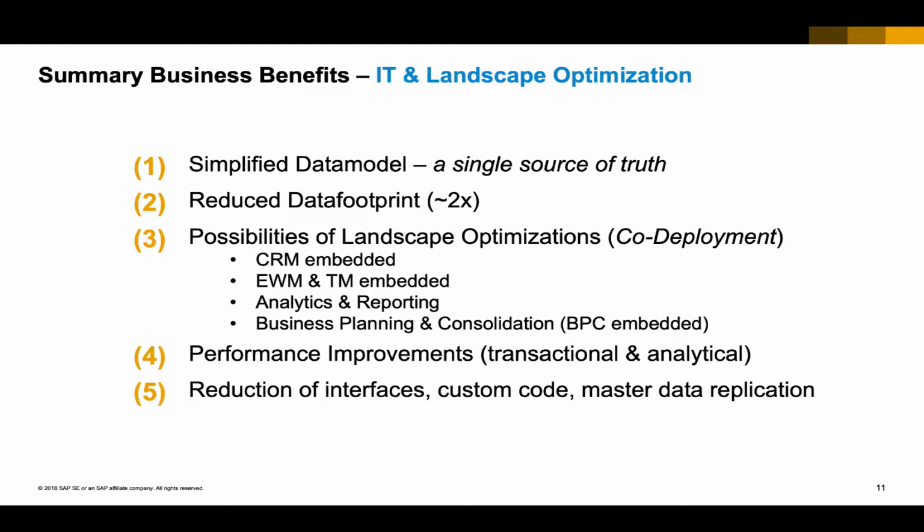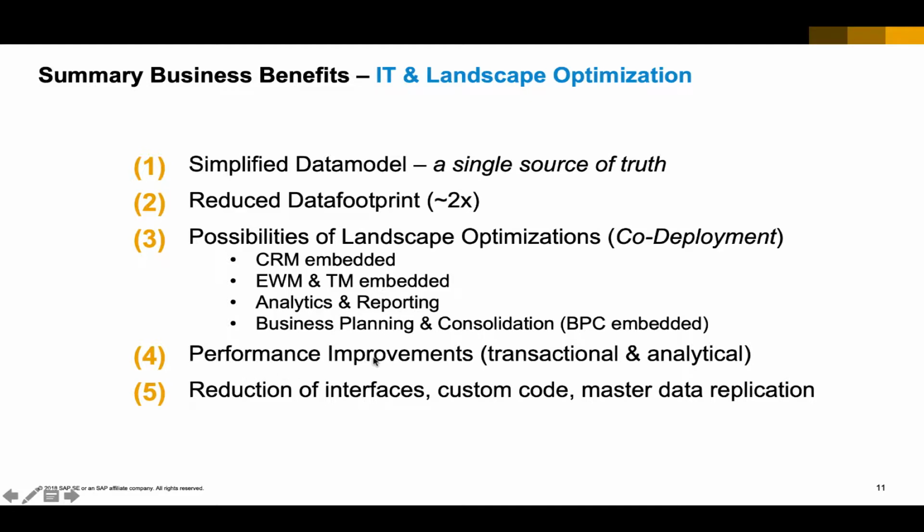SAP S/4HANA also provides you the possibilities of landscape optimization due to co-deployment. So CRM, for example, which was its own server, is now embedded in SAP S/4HANA. The extended warehouse management, and also the transportation management, which were their own servers, are now also embedded inside SAP S/4HANA. If you just use your BW for operational reporting, you could also decouple and deinstall the BW, because operational reporting is included in SAP S/4HANA.